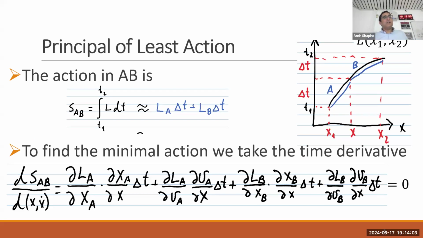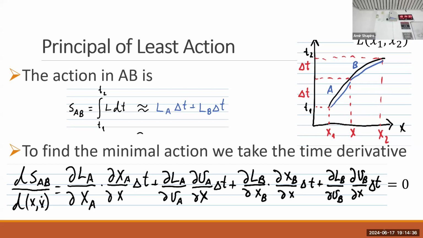So this is L_A, the Lagrangian along the A section, times delta t, plus the Lagrangian in the B section times delta t. To find the minimal action, we take the derivative of this and equate it to zero.